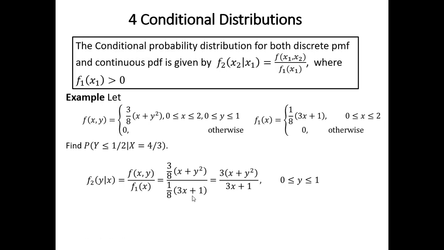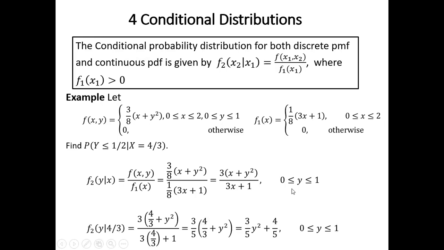We could simplify a little bit. We'll get 3 times x plus y squared over 3x plus 1. At this point we still have a function in terms of both x and y. But in our next step, we take care of the conditional part, because in the problem we're interested in the given case where x is equal to 4/3. So I go back to this function and substitute in 4/3 wherever we see an x.